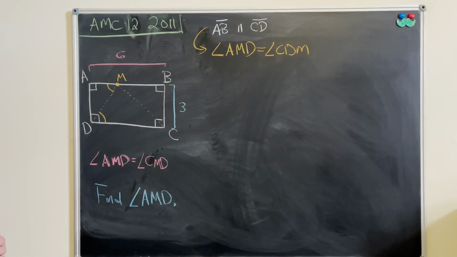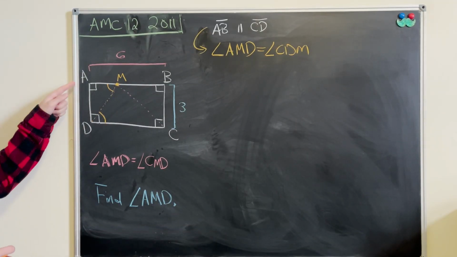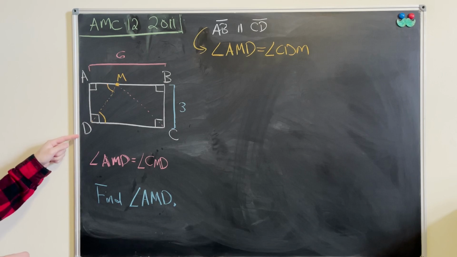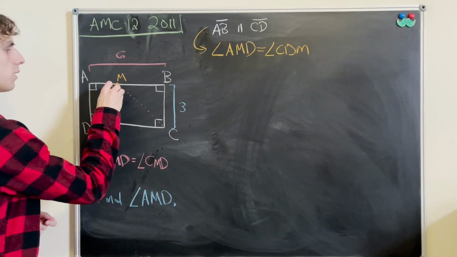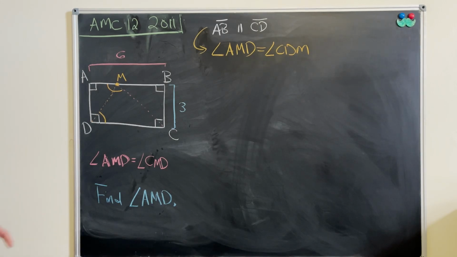Now, one more thing to note is that we are given that angle AMD is congruent or equal to angle CMD, so this angle here, by construction. So that means that this triangle here is isosceles because these two orange angles equal each other, which means that their opposite sides are also of equal length.